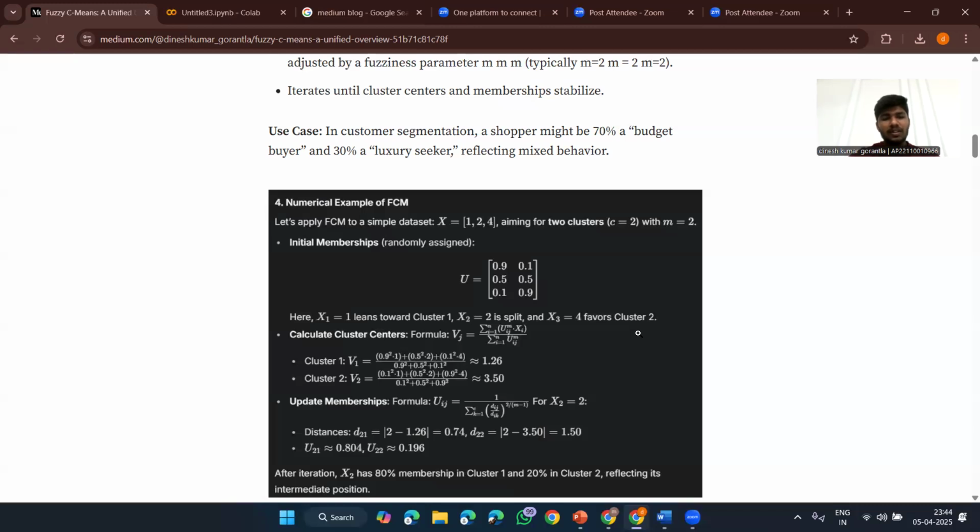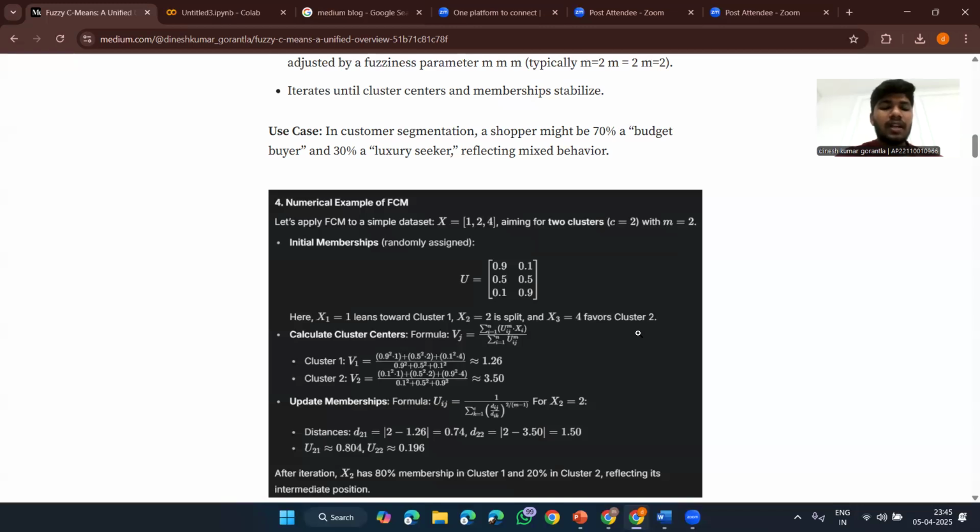It will be 2.50. Update membership formula: Uij is equal to 1 divided by the sum over k equals 1 to C of (dij by dik) to the power 2 by m minus 1. For x2 is equal to 2, distances: d21 is equal to 2 minus 1.26 is equal to 0.74. d22 will be 2 minus 2.50, which is 0.50. U21 will be 0.804.